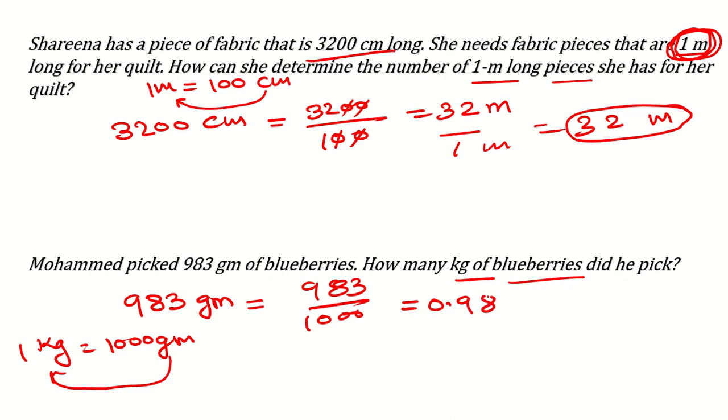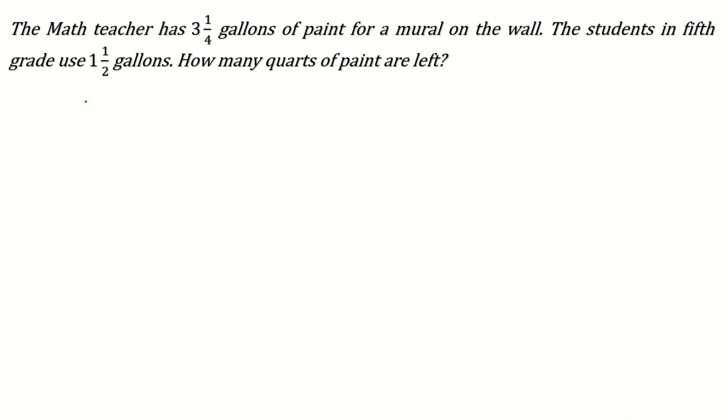So 983 grams. Okay. Now next question can be: the math teacher has 3 and 1/4 gallons of paint for a mural on the wall. The students in 5th grade use 1.5 gallons. How many quarts of paint are left?